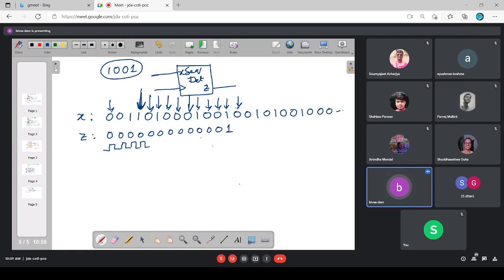Both might be correct, provided the first one is correct, provided I am not allowing overlapping between the sequences. If I do not allow overlapping between the sequences, in that case, Shuddha Satya is right. But in case I allow overlapping between my sequences, in that case, Parvez is also right.